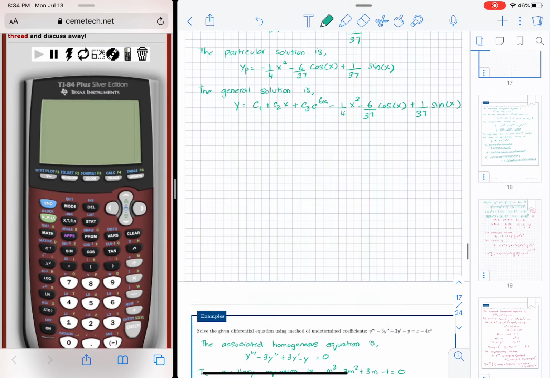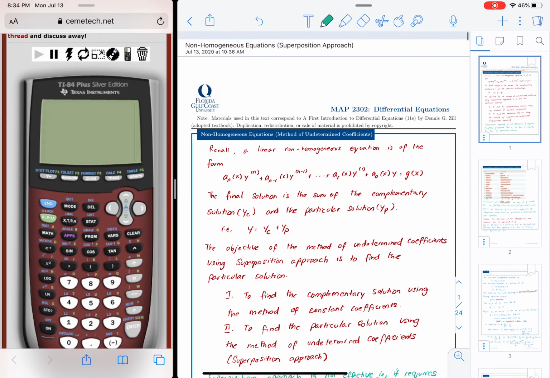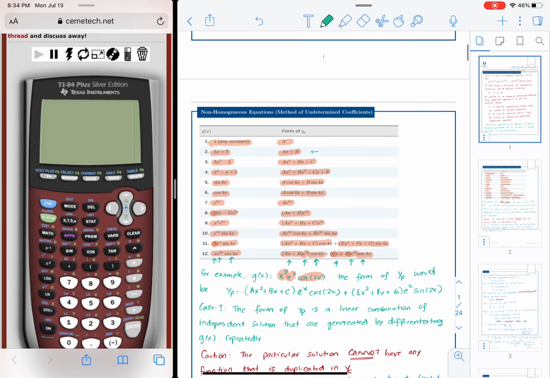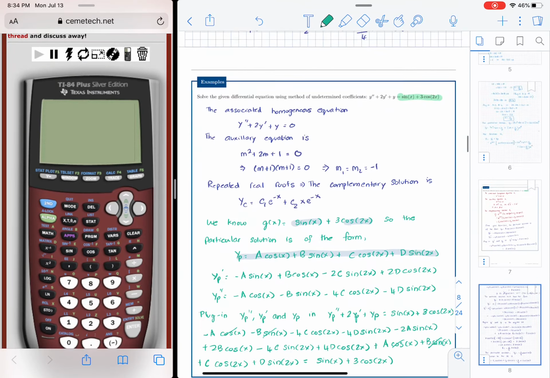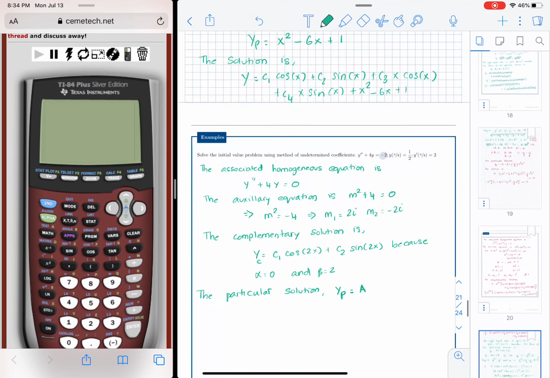So where am I getting this from? I'm getting that from over here. If the right-hand side is any constant, the form of the particular solution is simply a.